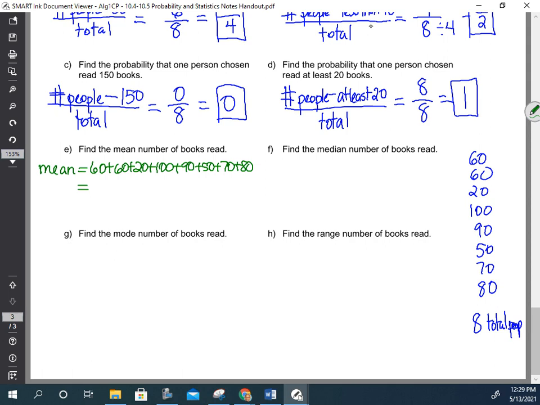So what do we get when we add those up? 530. 530 divided by 8, which is what? 66.25. Oh wait, that's cool. You give it as a decimal. I didn't know you could get the decimal. If the directions tell you to round to the nearest whole number, then you do it. If they don't, then leave it as a decimal.